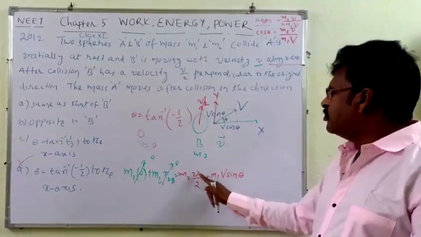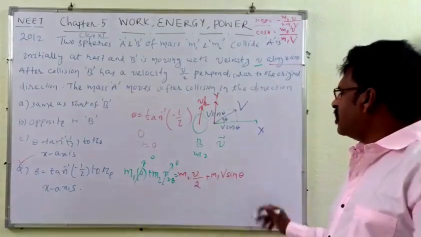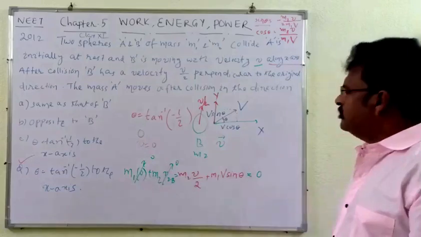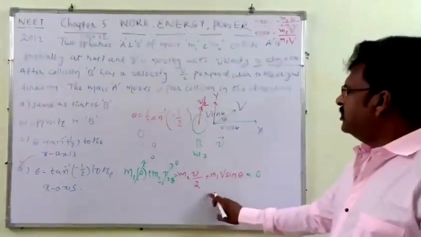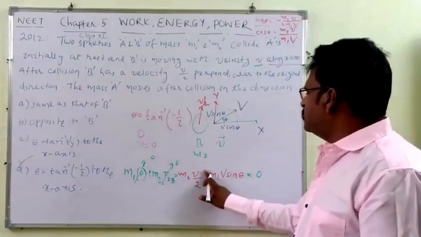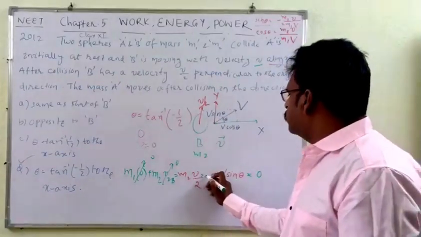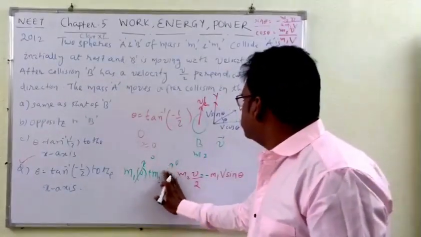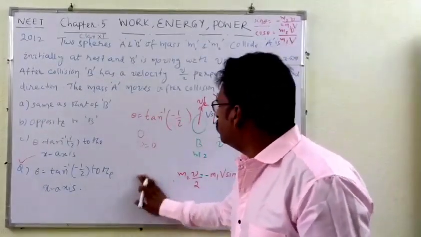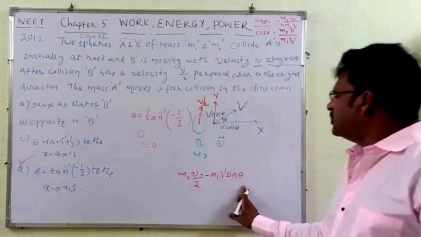So m2 V by 2 plus m1 V sin theta is equal to 0. So from here we may write m2 V by 2 is equal to minus m1 V sin theta, and from this we can find out the value of sin theta.